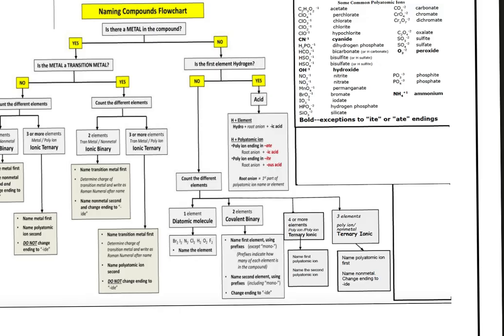One thing I want to point out is what to do with H2O, okay? H2O, its first element is hydrogen. However, water has to do with acids and bases. Water is the middle. It's not an acid and it's not a base, okay?